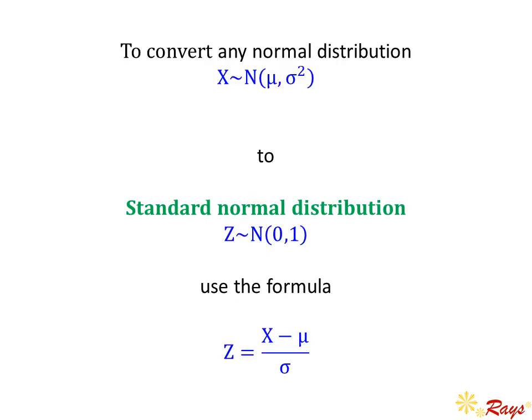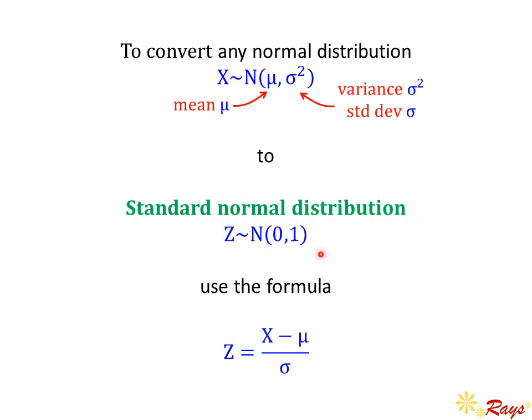If we are given any normal distribution expressed as X is a normal distribution with mu and sigma square, remember that mu is mean and sigma square is variance. Then we have to convert this into standard normal distribution so that we can use the standard normal table.